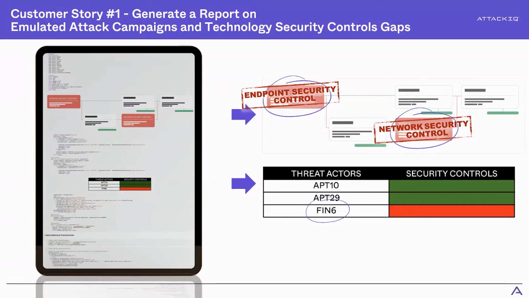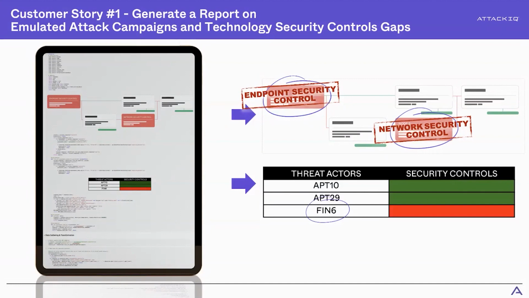On the left-hand side, this is a Jupyter notebook. This is a real Jupyter notebook that we've abstracted for visualization purposes. You can see that there's Python code on the top, and that Python code will generate essentially an attack graph. That attack graph represents one of the threat actors that I mentioned on the bottom right here.